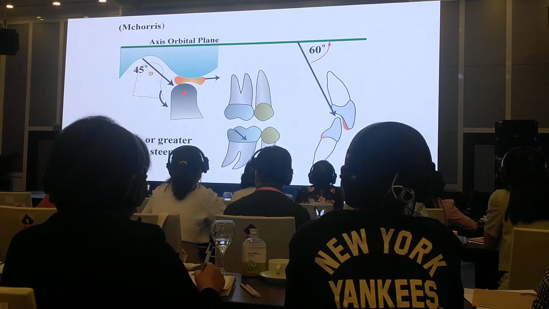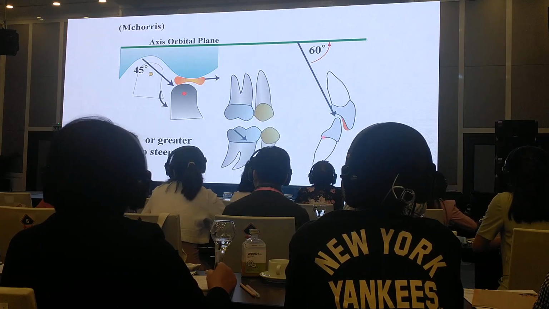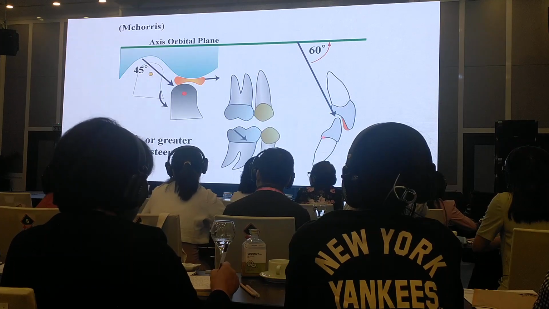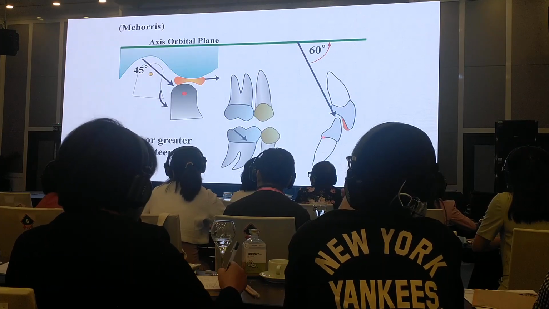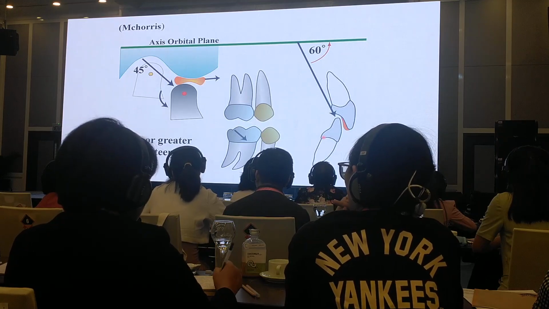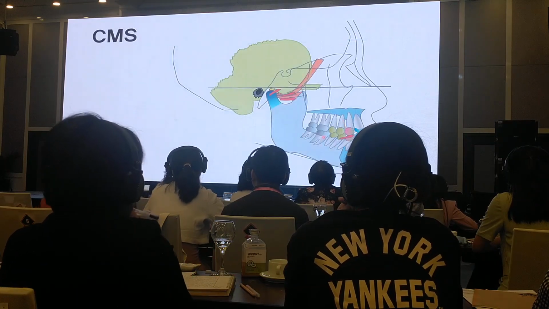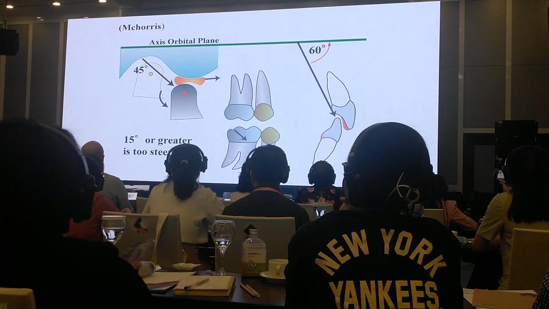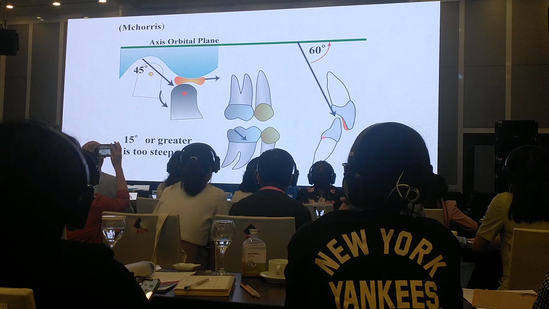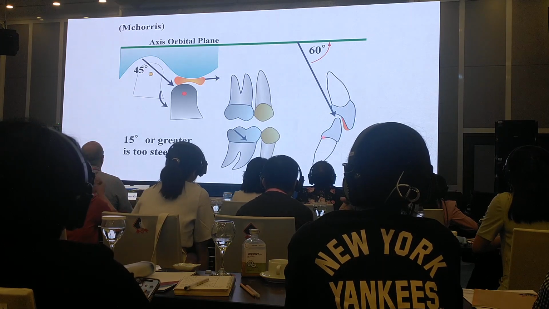Within 3 days, 80% of volunteers started creaking joint. That means the mandible is going back. His conclusion of this paper was that a 15 or greater anterior guidance is too steep.